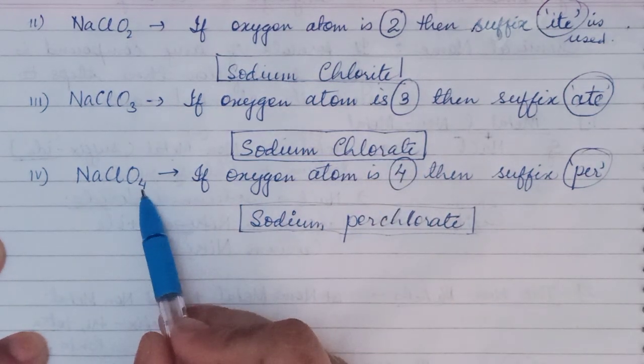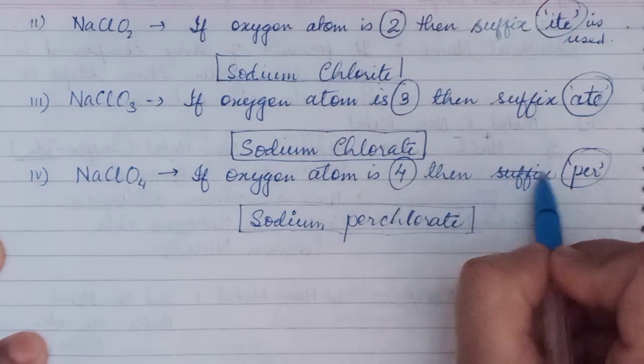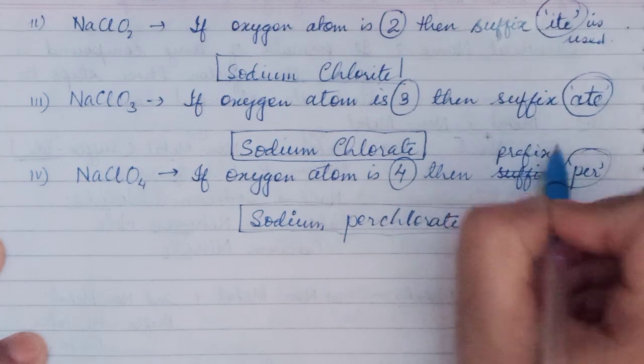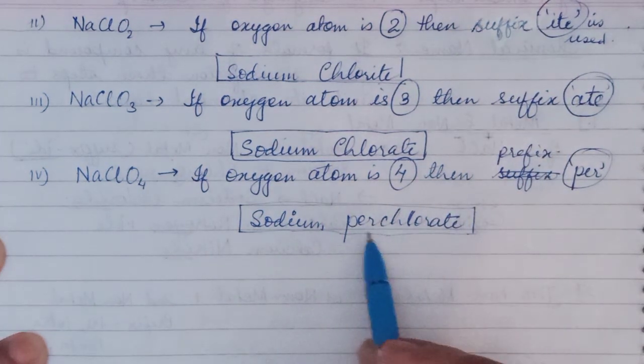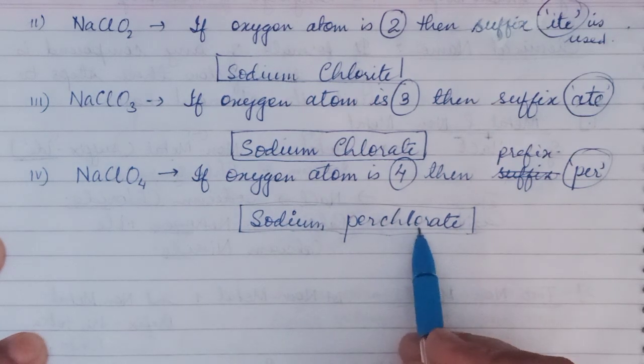Again, if the oxygen number is 4, then you will use the prefix per, so here it will be sodium perchlorate.